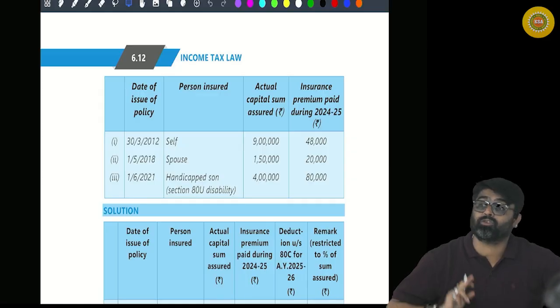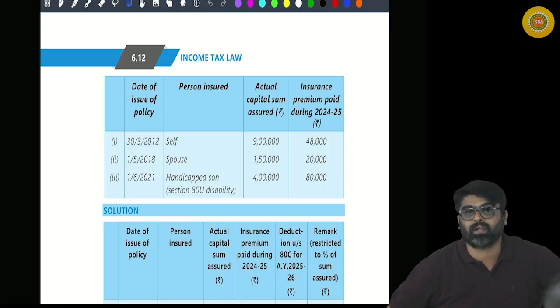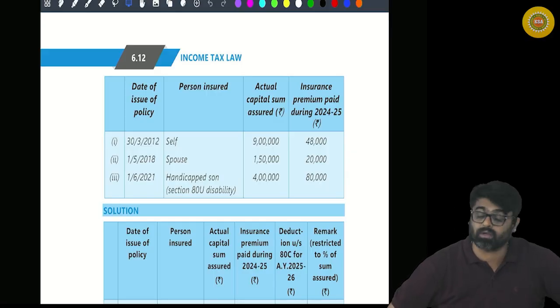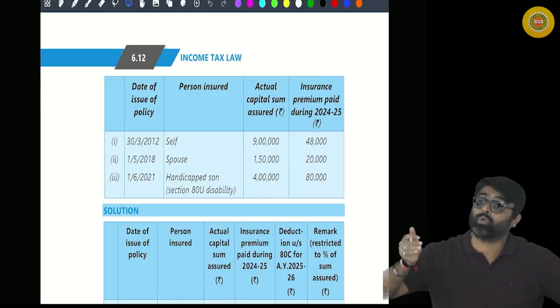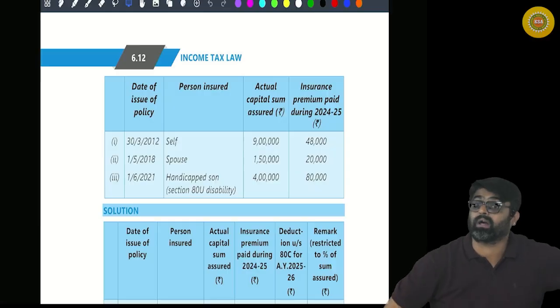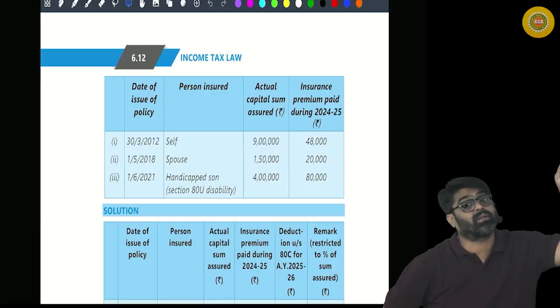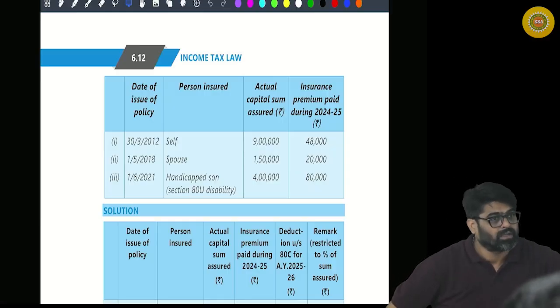The restriction is on medical insurance premium. That premium should not be paid in cash; it has to be paid by any mode other than cash. Only then will the medical premium be allowed under section 80D. But that restriction is not applicable for life insurance premium.